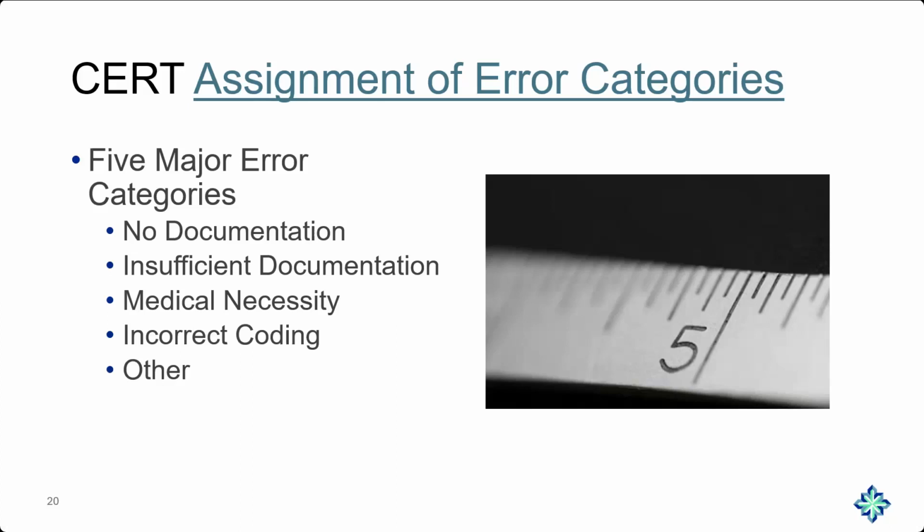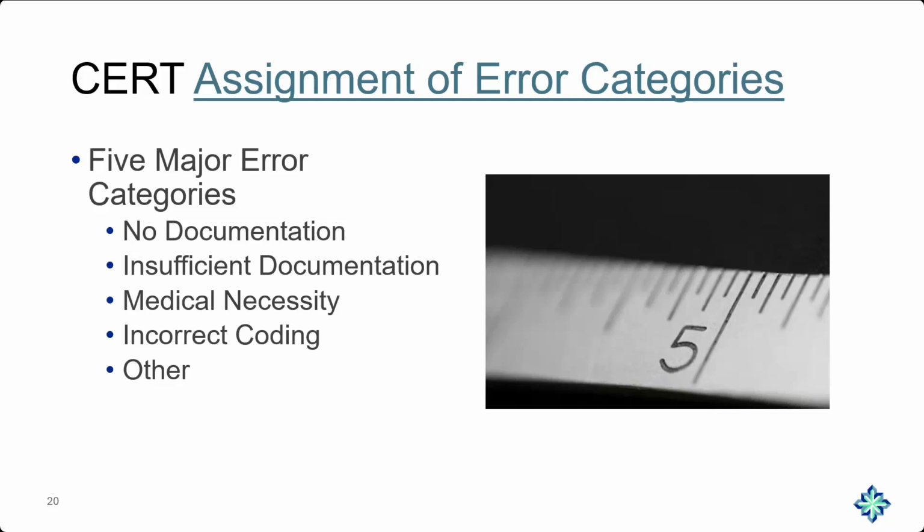Another major error category is insufficient documentation. And that is when the CERT review contractor receives those records from a provider, but something's missing. It's insufficient, okay? Perhaps there were missing orders for lab services. Maybe there was documentation returned that shows that lab services were rendered, but maybe the orders were missing.